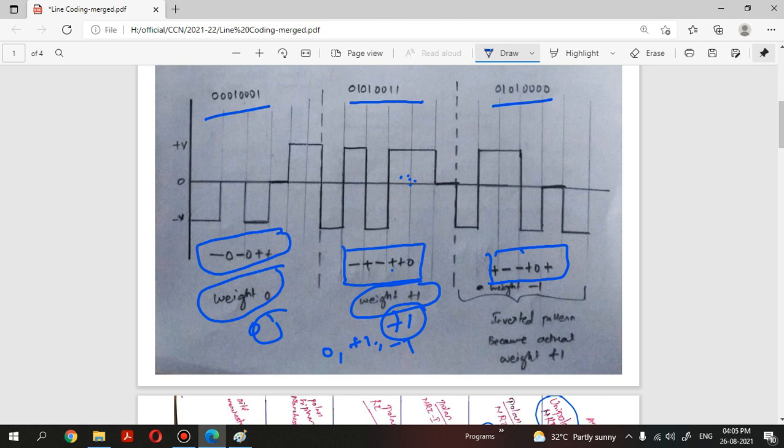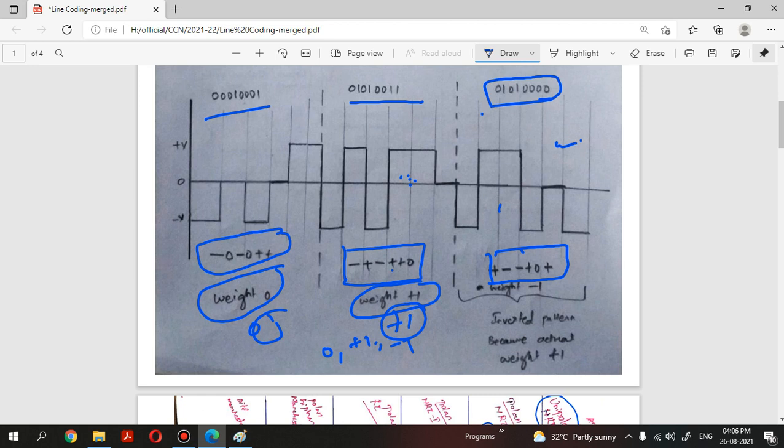So what needs to be done is, if I get two 8-bit data with the same weight, I need to invert the data, which means I need to invert the voltage levels. If I get plus, I need to give minus. If I get minus, I need to give plus. Neutral is maintained as neutral. The pattern of the graph, the voltage levels we get, would give the weight value of plus 1.